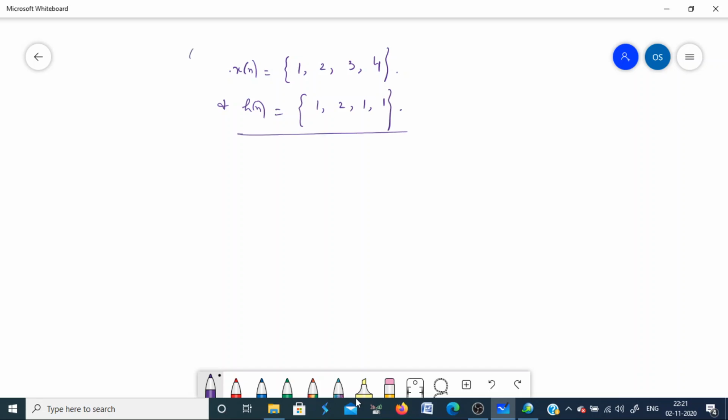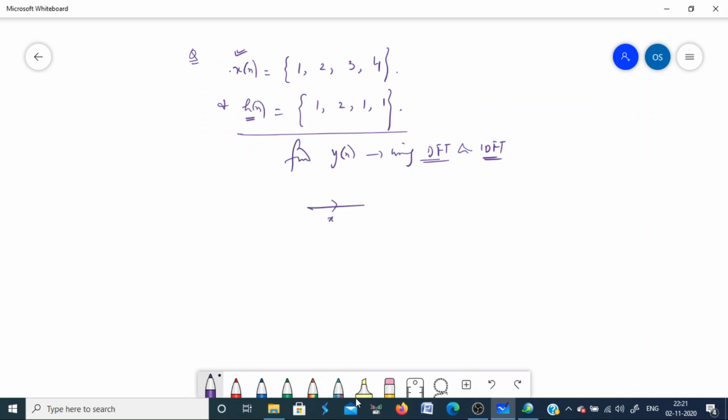The question is that this xn is applied to a system having impulse response hn equal to this. You have to find the output yn using DFT and IDFT maybe.